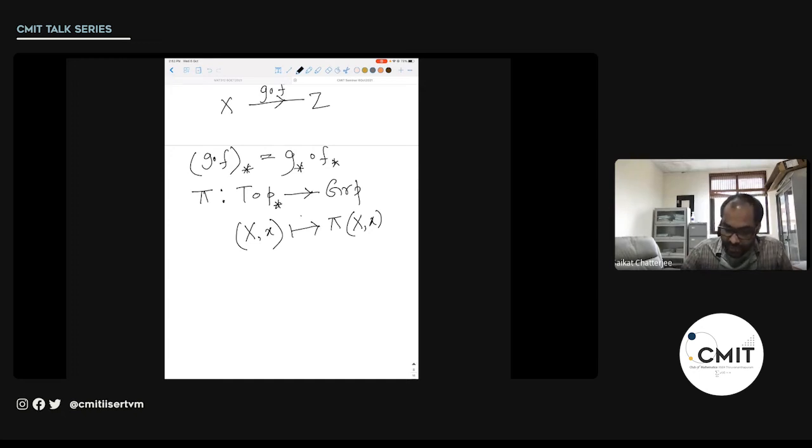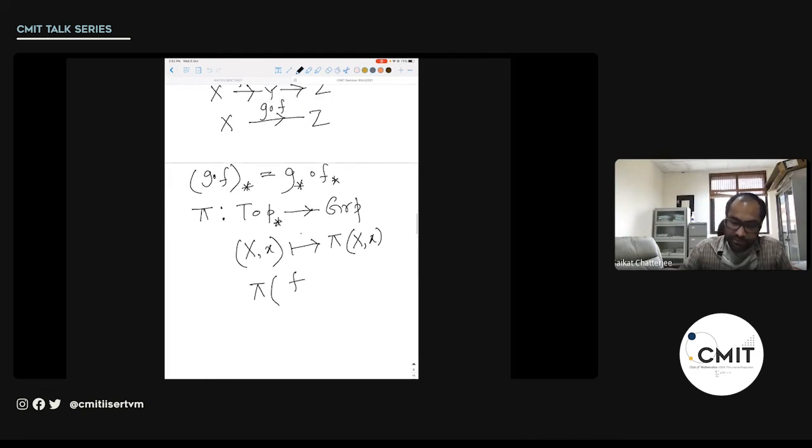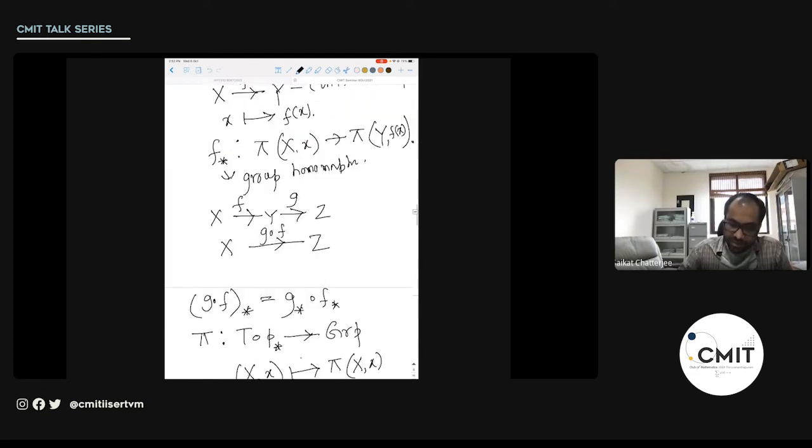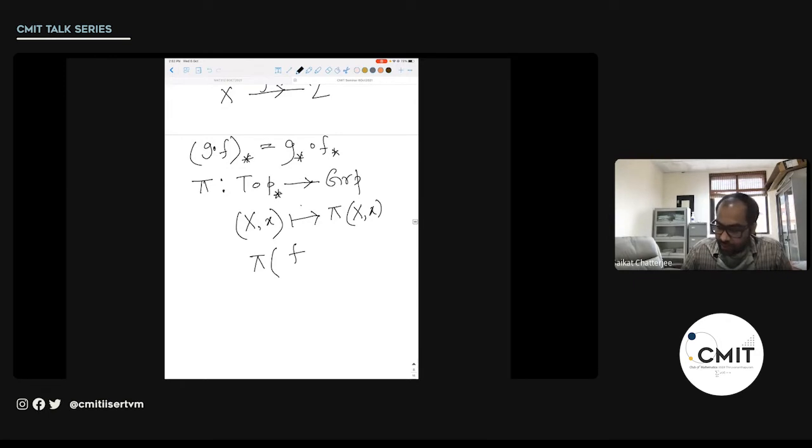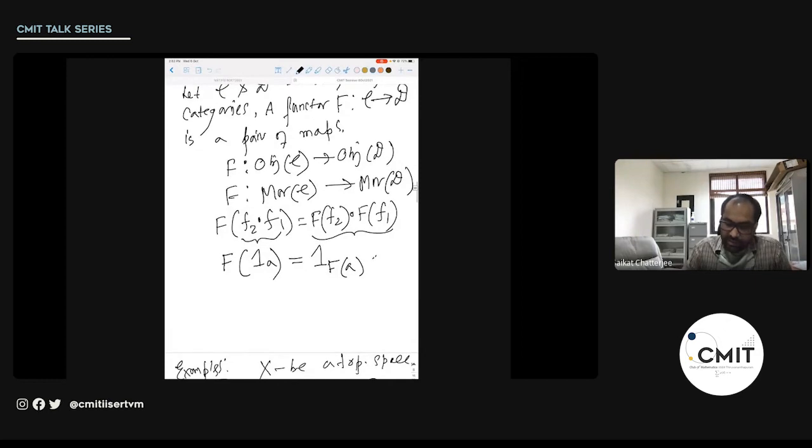And as we have seen, if you have an arrow in the category of pointed topological spaces, you send this to the corresponding induced homomorphism, and then you see that precisely this condition is satisfied.